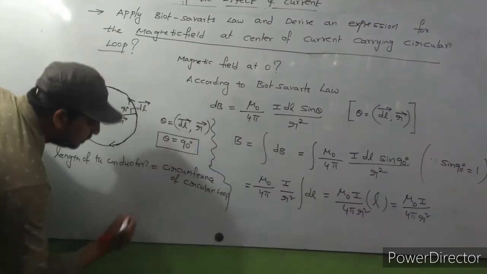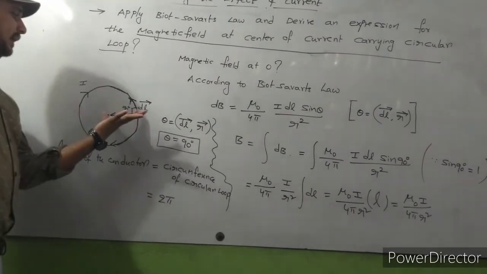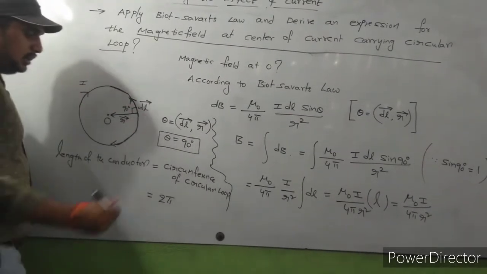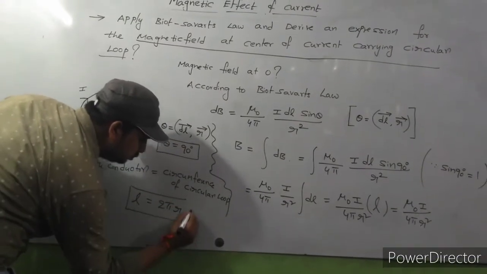The circumference formula is 2πr. Here the radius is r, I consider. So the length of the conductor L is equal to 2πr.